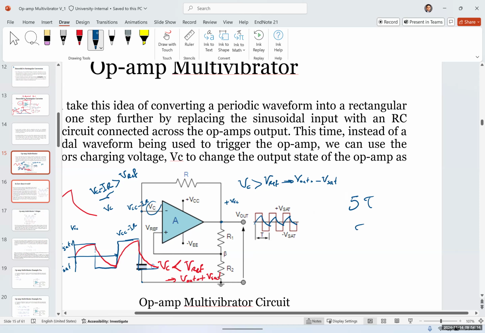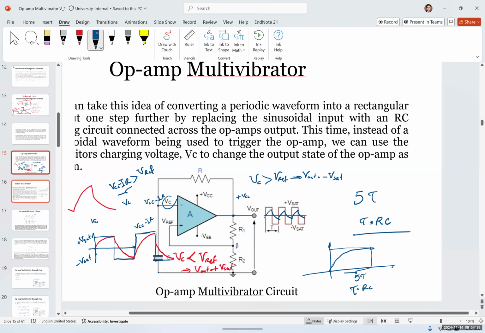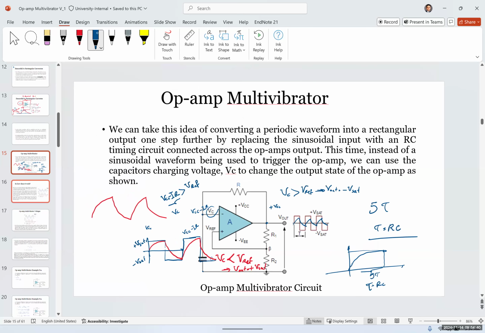So it takes 5 time constants for the capacitor to go from 0 volt to its maximum voltage. And this is 5 tau, and tau is equal to RC. Usually we want this 5 tau RC to be a large number to be able to switch between these.